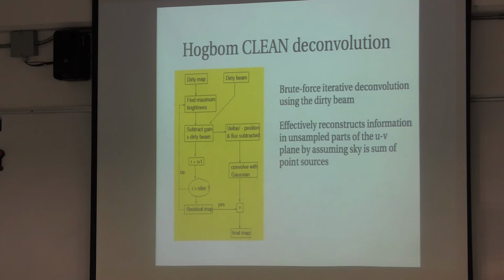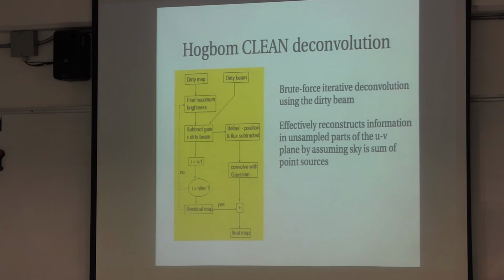You can choose a maximum number of clean components, or a minimum flux at which you stop. I will say at one millijansky, I don't care. It's just noise. I don't believe those clean components are real. They can be point sources, but they are noise.